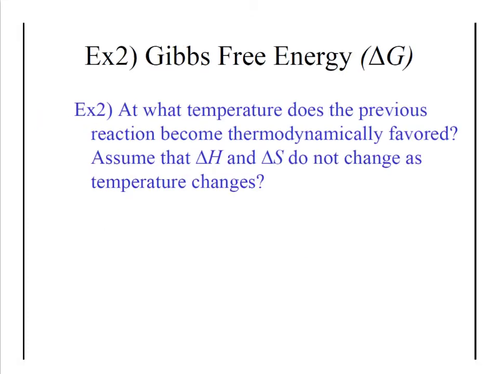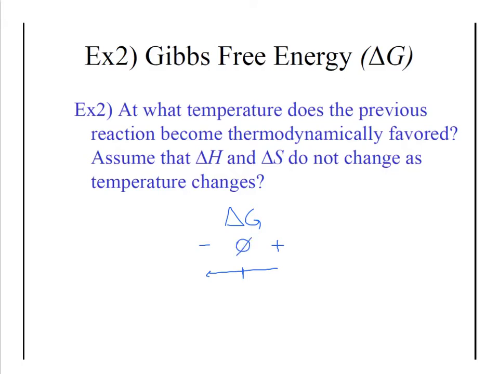So let's answer the question: at what temperature would that reaction become thermodynamically favored? Currently our delta G is positive, but we want it to be negative. In order to move from positive to negative, what would occur at that transition point? There has to be a spot where it goes from positive to negative. We mark a spot on the number line, and that spot is 0.